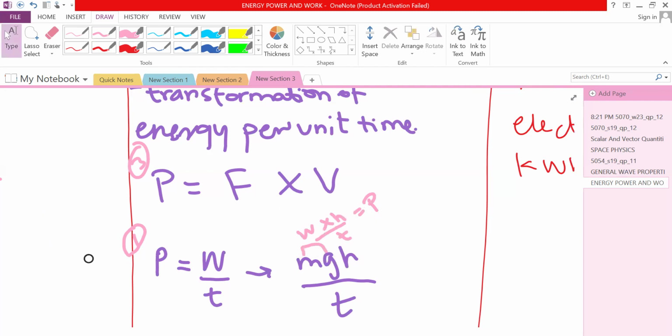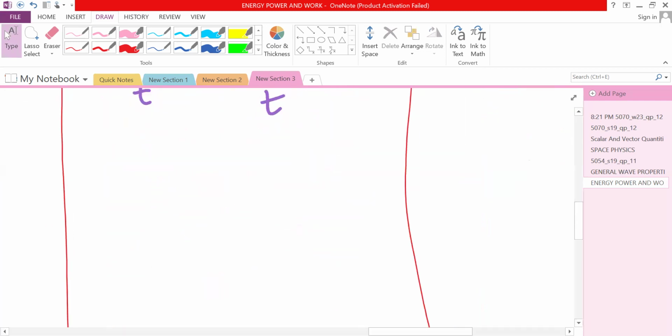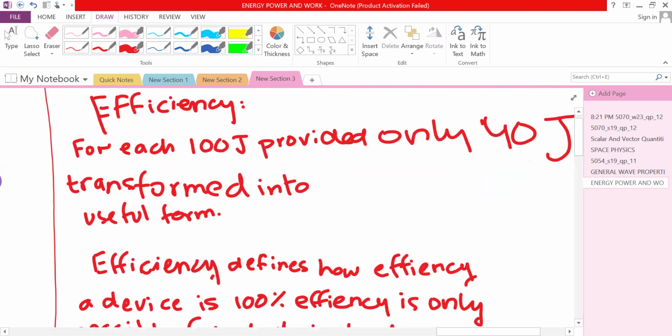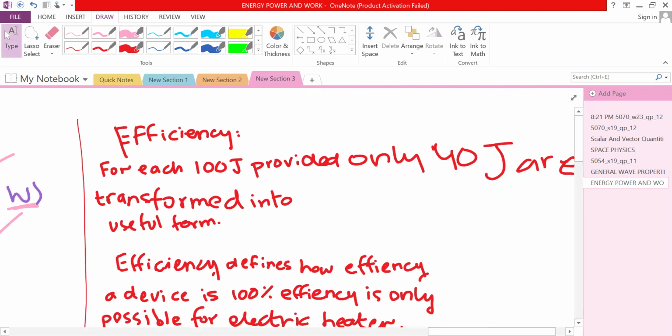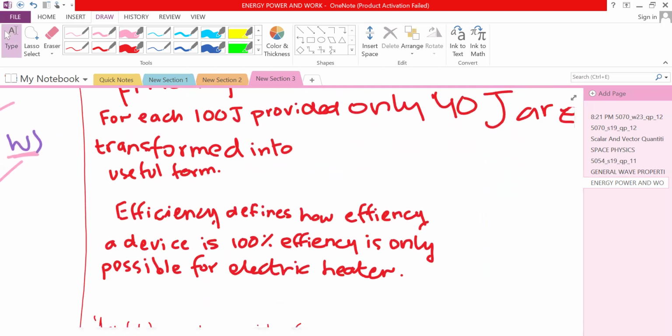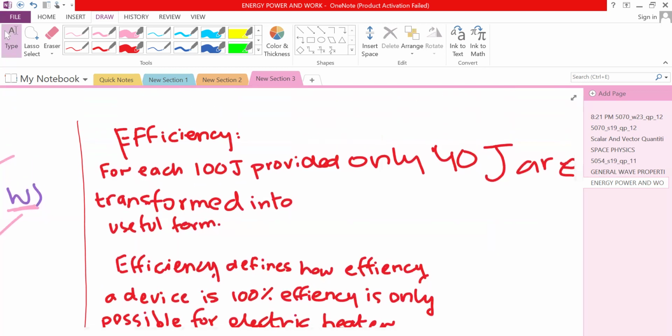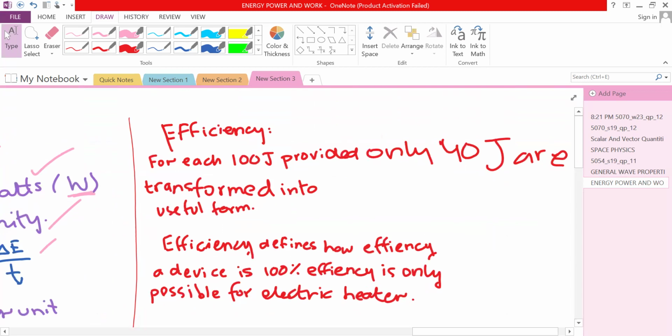But if you know the formula of work done, you can easily change the formula and put the values in this. The last topic of this chapter is efficiency. What is efficiency? Efficiency defines how efficient a device is. 100% efficiency is only possible for an electrical heater. You can take this example: for each 100 joules provided, only 40 joules are transformed into useful energy.